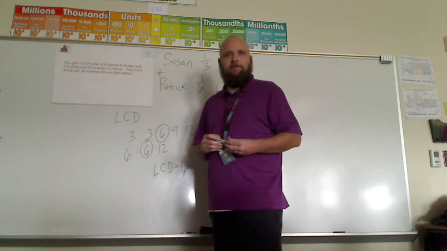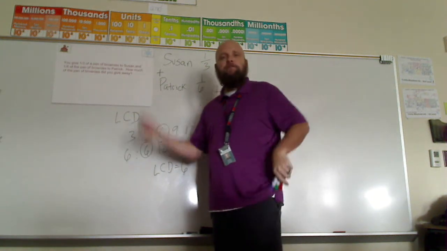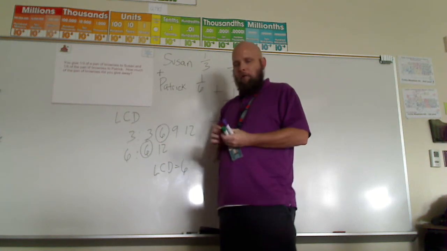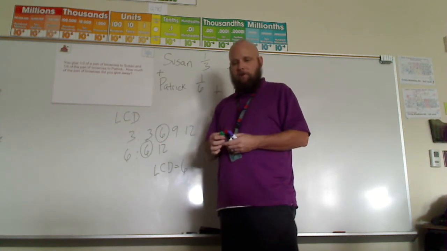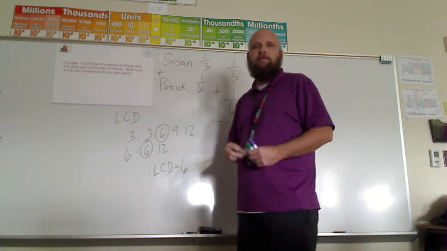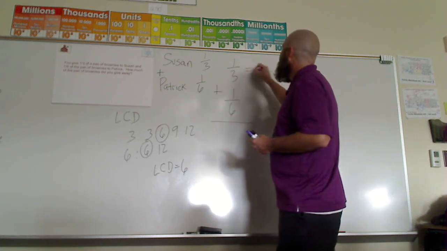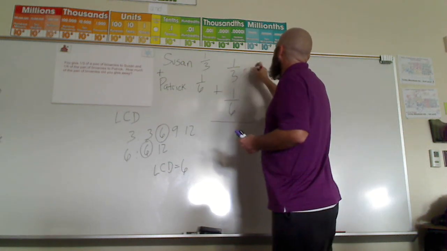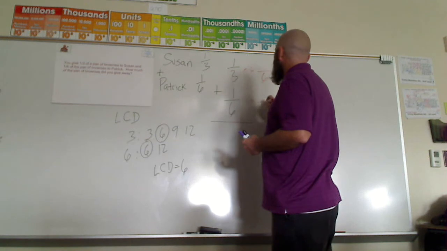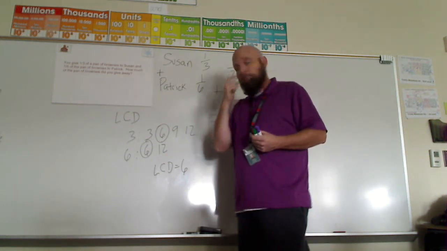Now we take our least common denominator and we make equivalent fractions for both of our addends so that we have 6 as a denominator, because once we have them both as 6 as a denominator, then we can go ahead and add them. So we want to change both of these so that they have 6 as a denominator.